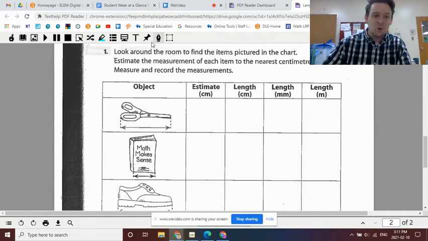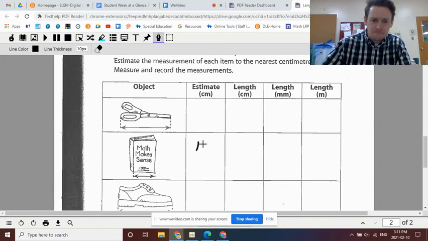So my estimate was 12. My length in centimeters was just a little bit over half, so I'm going to say instead of 12.5, I'm going to say 12.6.